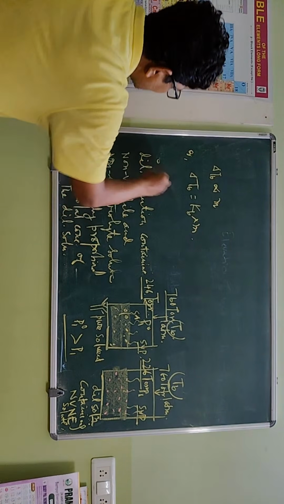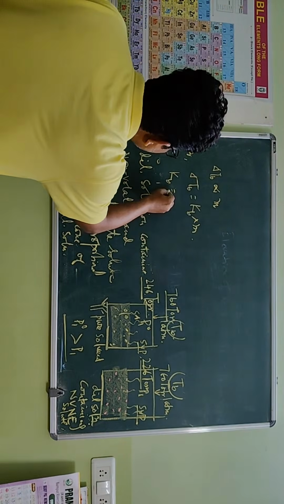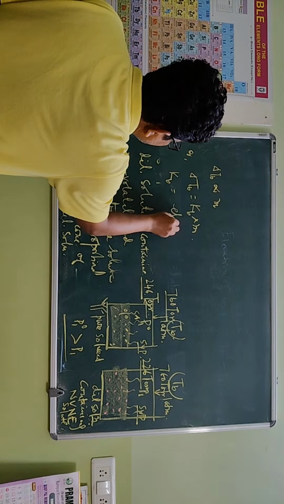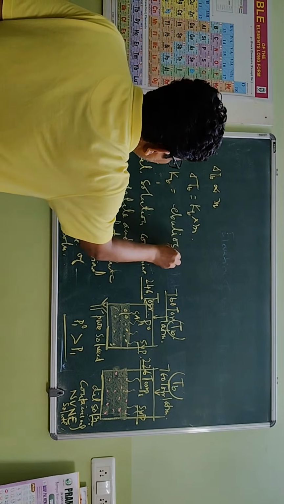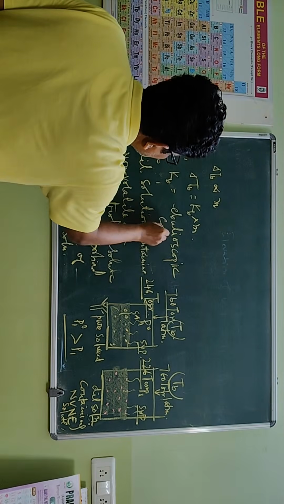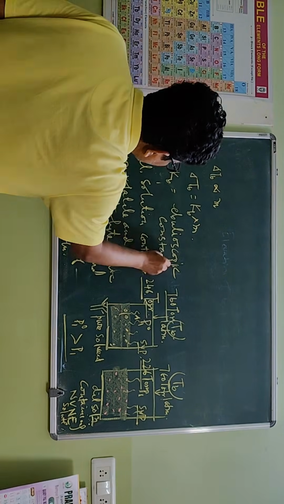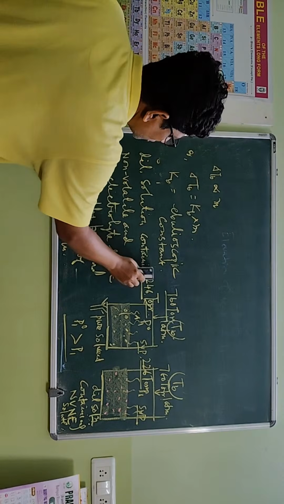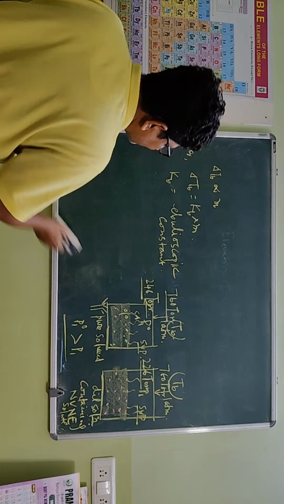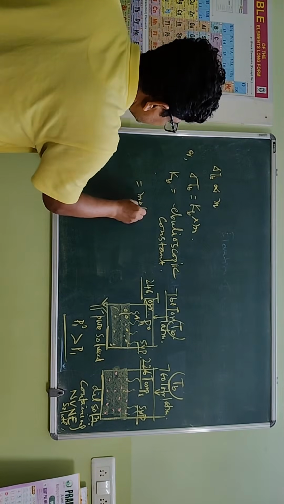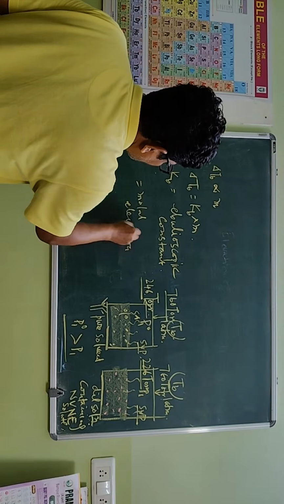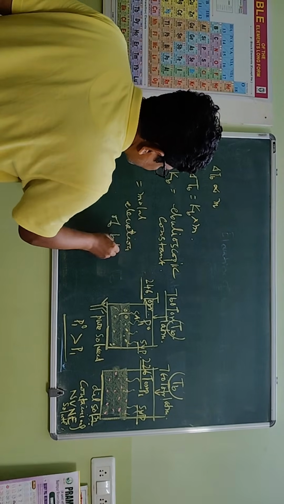Now here Kb is the proportionality constant, known as the ebullioscopic constant, or molar elevation of boiling point constant.